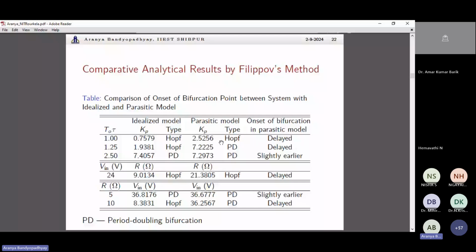And this in turn delays the onset of instability. Note that you can detect the Hopf type of instability through average modeling, right? Up to that point you are familiar with it, but at the very same time, it also causes a slightly earlier onset of period doubling instability, which happens at 1/2 of the switching frequency.